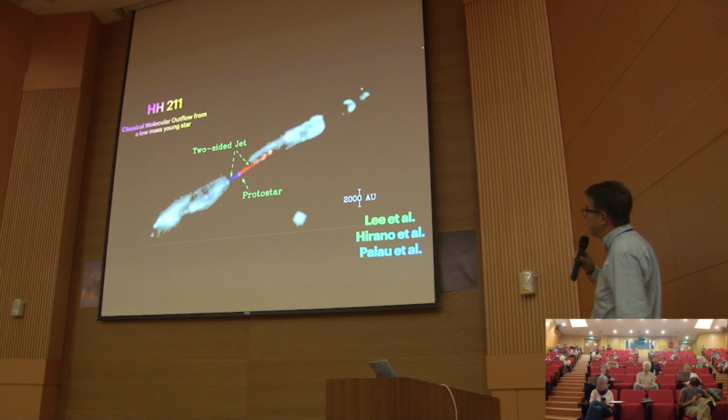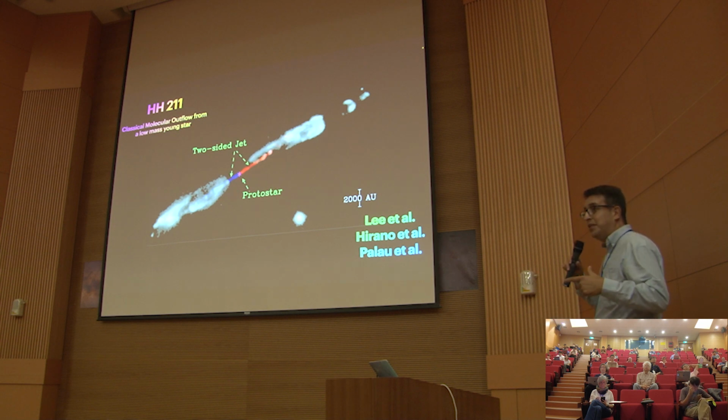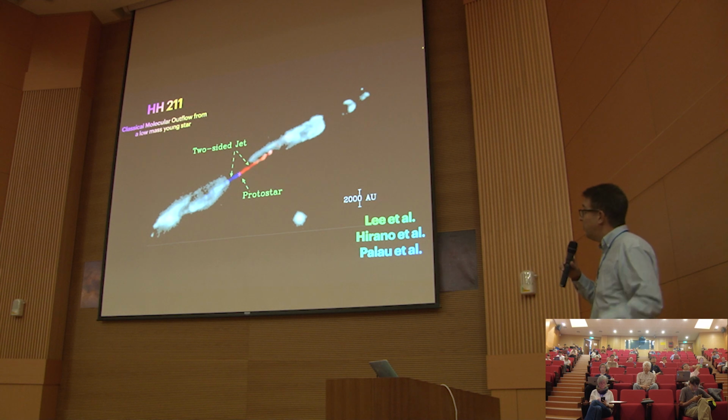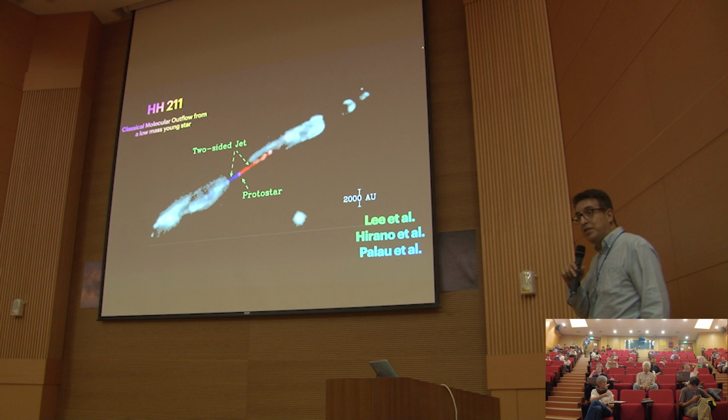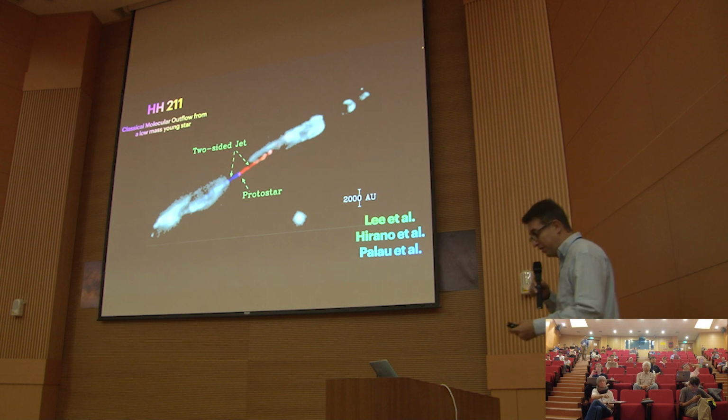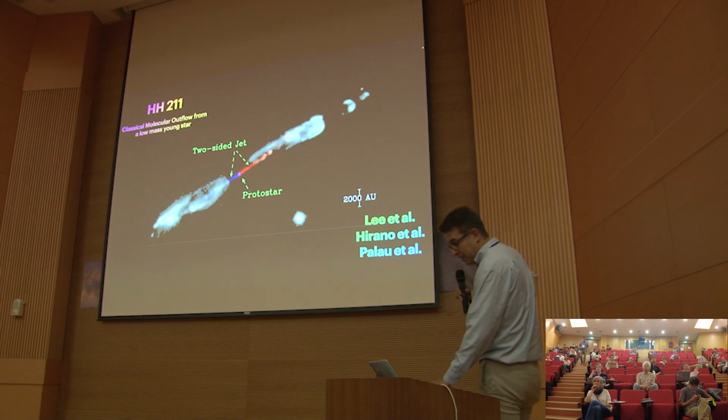This is our picture of the outflows. The main idea is that you have a protostar that is accumulating mass and is trying to grow and grow in mass, and the mass needs to lose angular momentum, and we now understand this a little bit more.